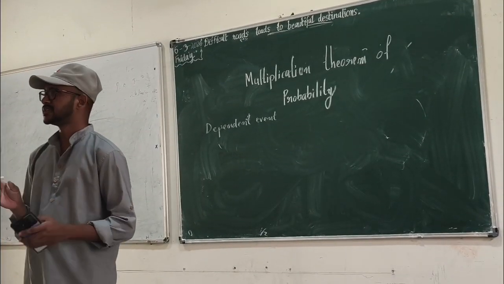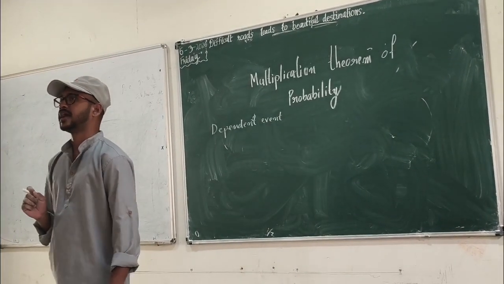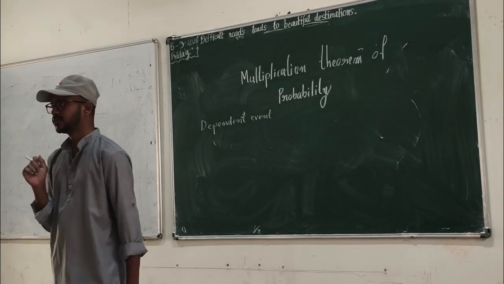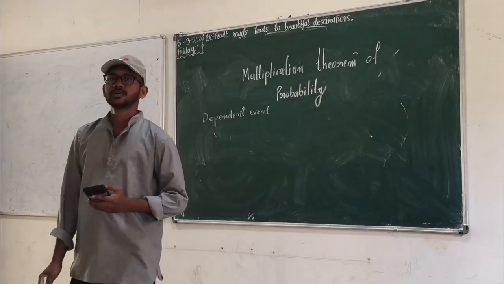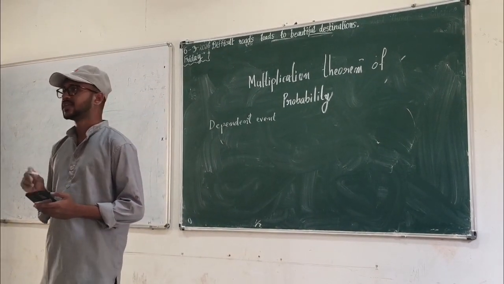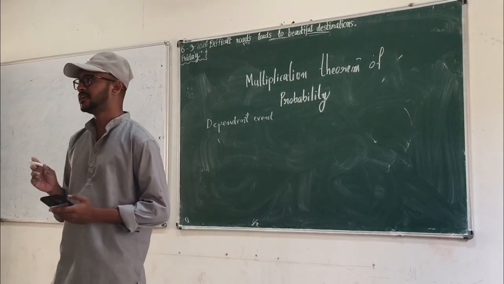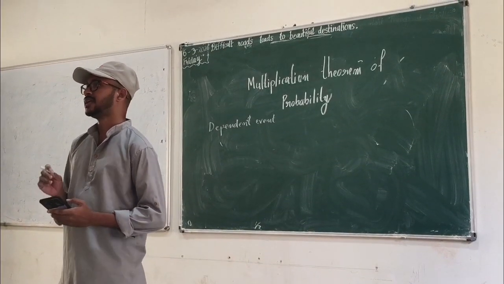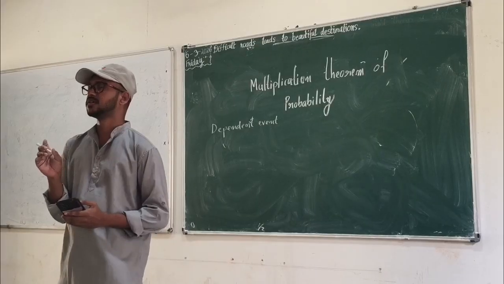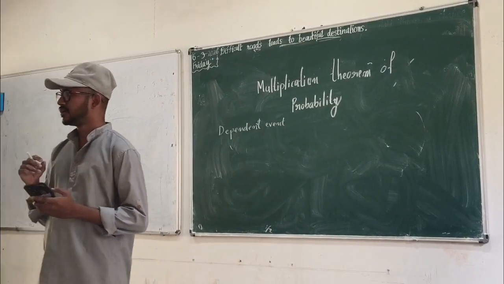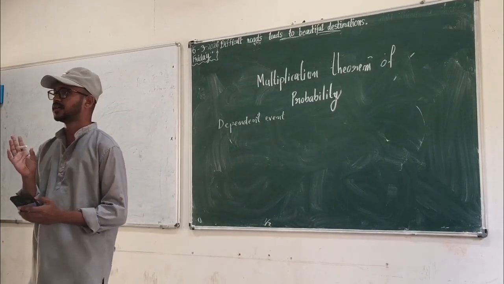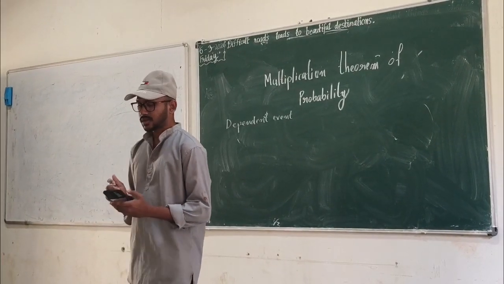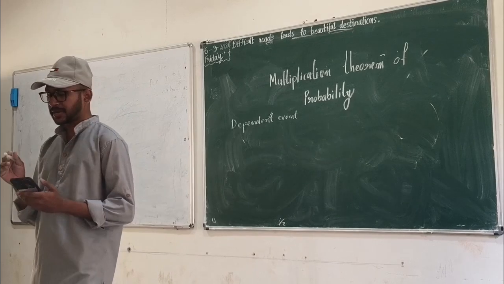If we take a deck of cards and take one card from the total cards, and we do not replace the card, the probability of getting the next card will change. So this is a dependent situation.